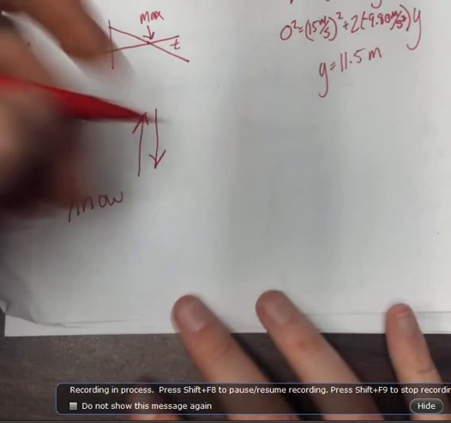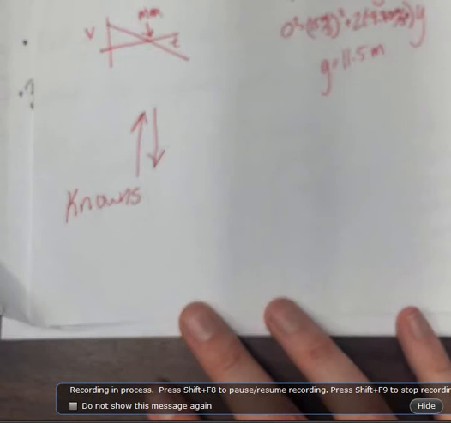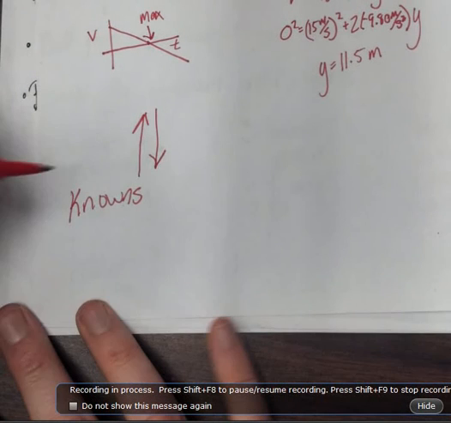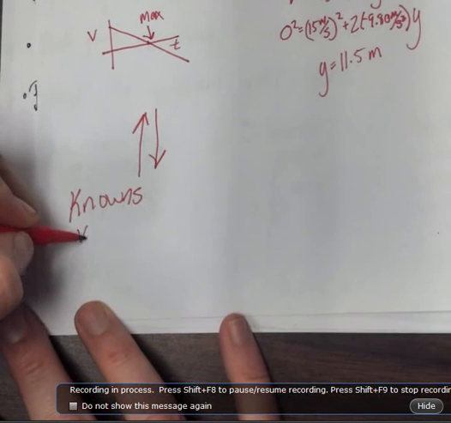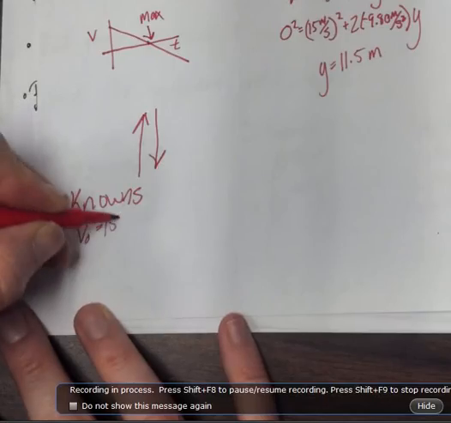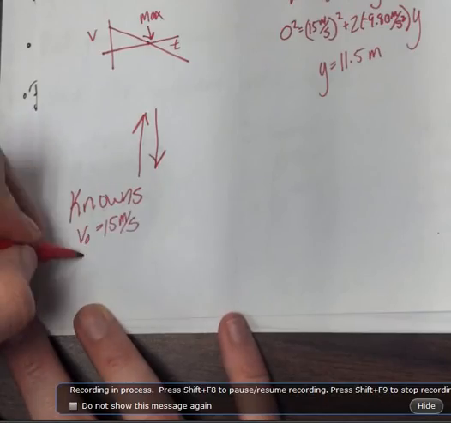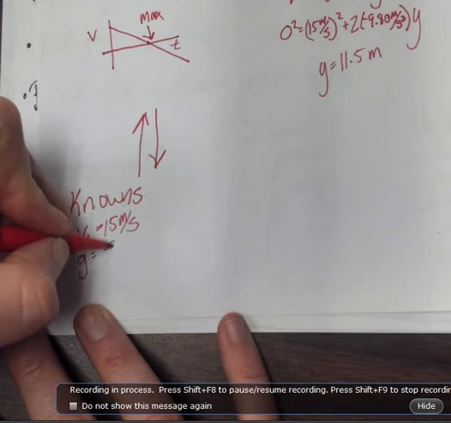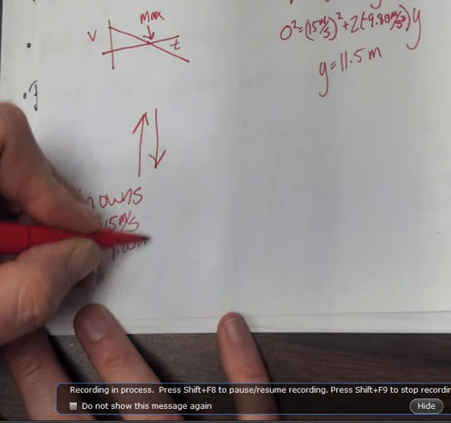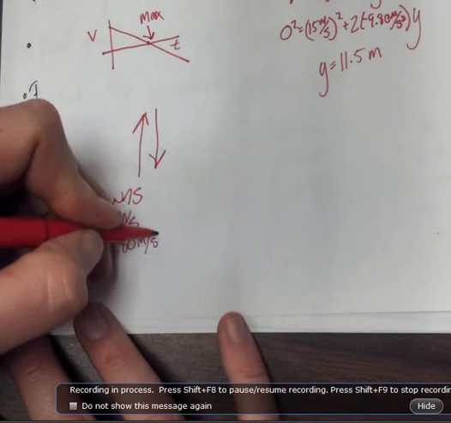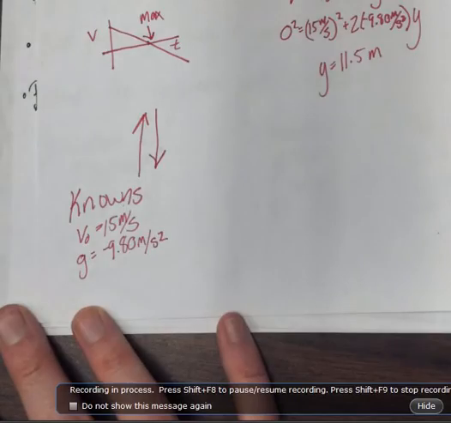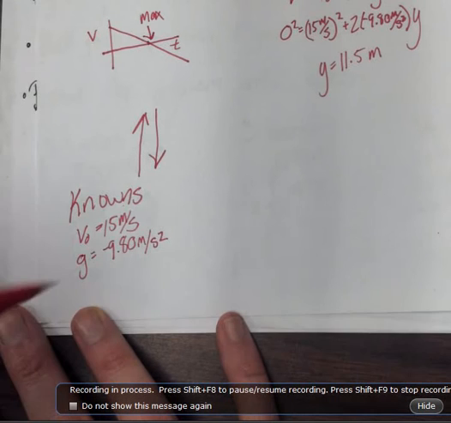Our knowns for this situation are that our initial velocity is 15 meters per second. Our acceleration due to gravity is negative 9.80 meters per second squared. We also know that our position is 0, right?